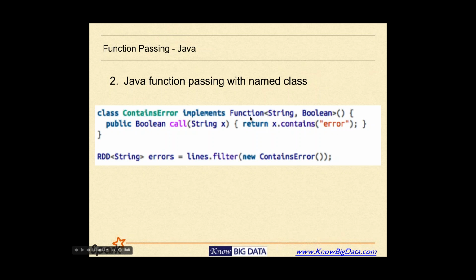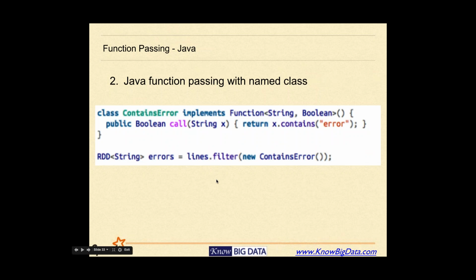So ContainsError has a method called call that we have implemented after implementing this interface called Function. So ContainsError implements an interface called Function, and then provides the logic of this call. All right.